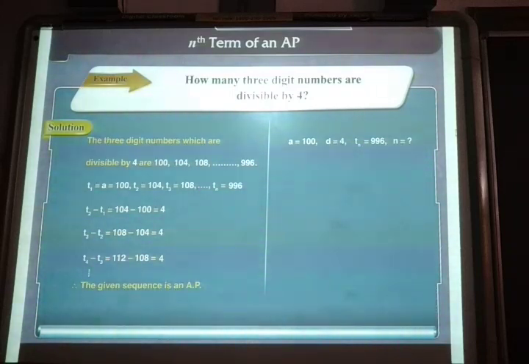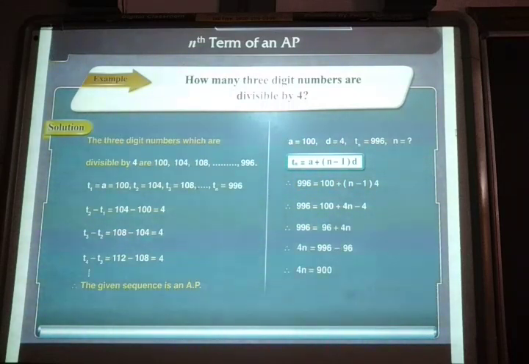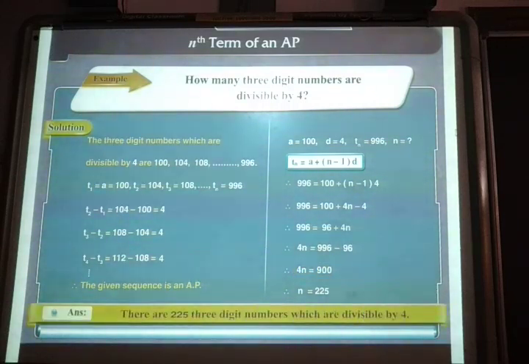To find the value of n, we will use the formula Tn is A plus n minus 1 into D. Substituting the given values, we get 996 is equal to 100 plus n minus 1 into 4, which is 100 plus 4n minus 4. On simplifying, we get n is 225. Therefore, there are 225 3-digit numbers which are divisible by 4.